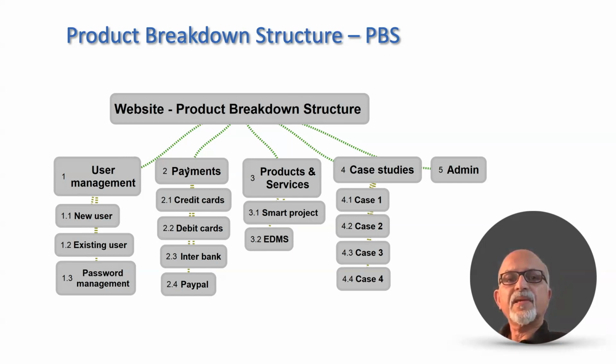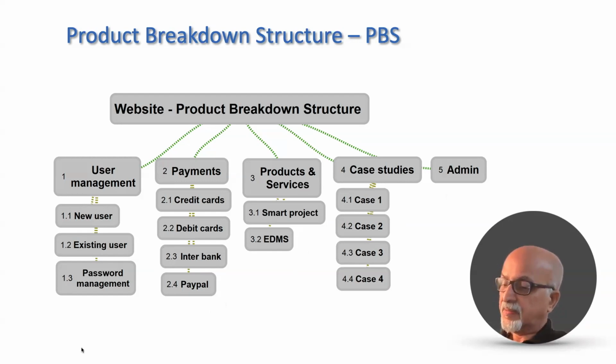It should have payment modules dealing with credit cards, debit cards, interbank transfer, and PayPal. And it should have pages for products and services, case studies, an admin module, etc. So this just gives the breakup of the product. We call it a product breakdown structure.